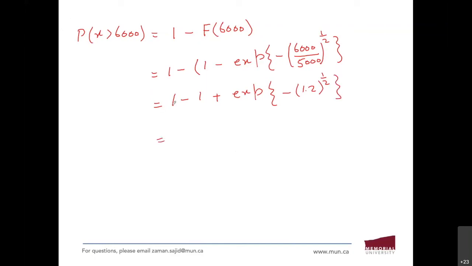Now this plus 1 minus 1 cancel out, and we have exponential of negative of 1.2 power 1 by 2. Now once you solve this, you will get 0.334.